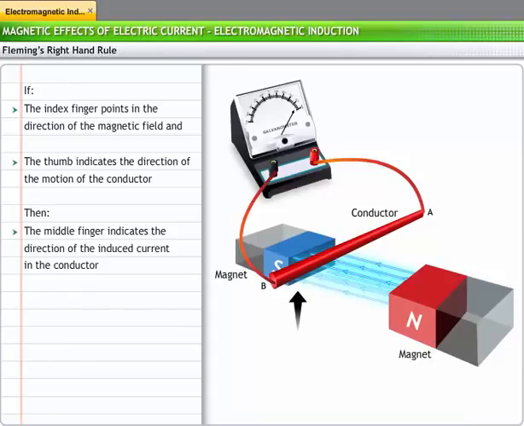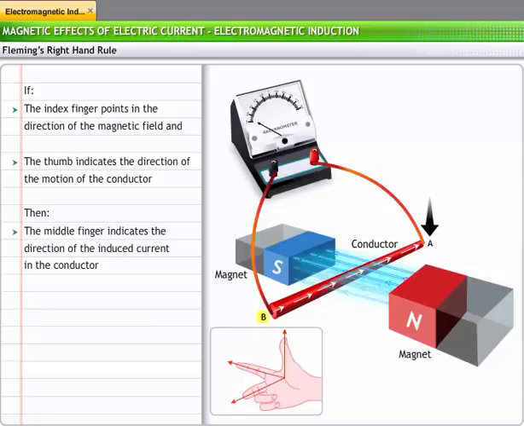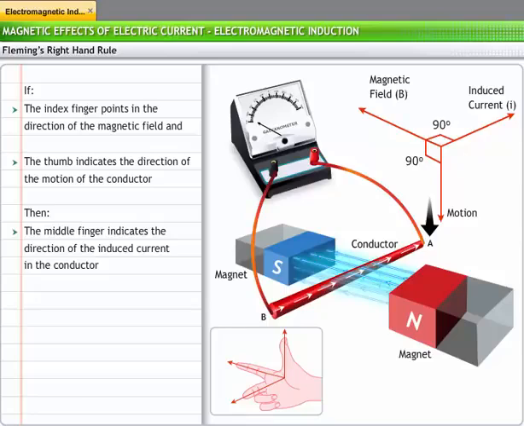This rightward deflection indicates the direction of the current in the conductor from end A to end B. If you move the conductor downwards in the magnetic field, the galvanometer needle deflects to the left. This indicates the direction of the current in the conductor from B to A. Thus, you can see that the direction of the magnetic field, the movement of the conductor and the induced current are at right angles to each other.